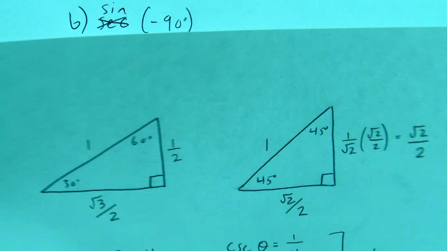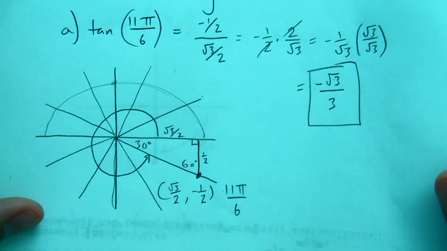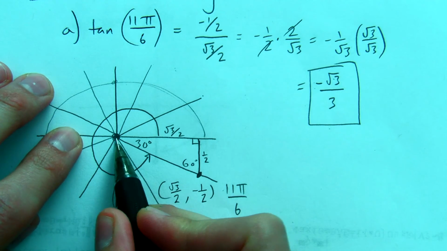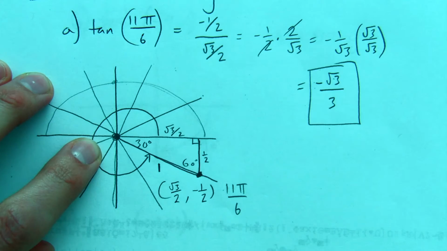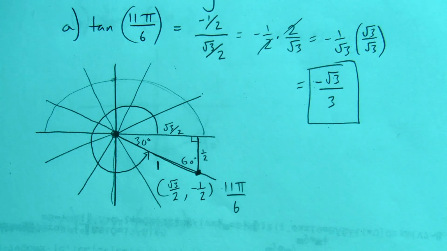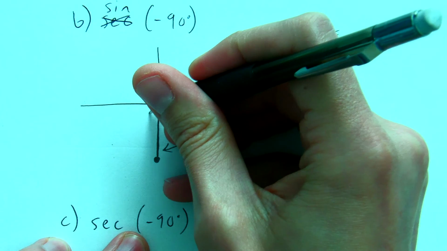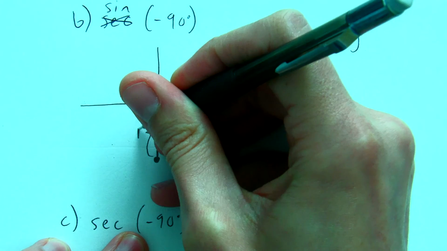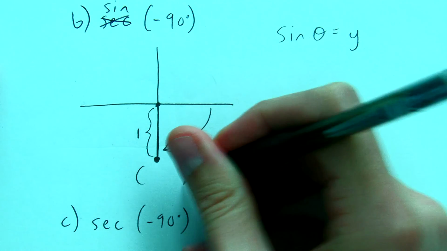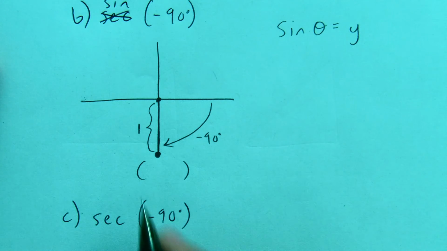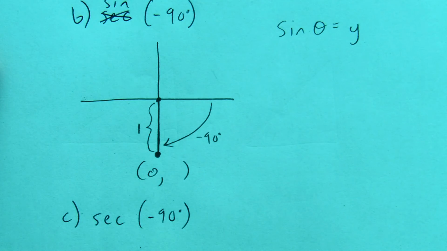And so, in the last example, we had that terminal side have a length of 1. And that's what we're going to pick here as well. The terminal side will have a length of 1, which means this has a length of 1. If that's the case, what is this point, x comma y? X is 0, and y is negative 1.